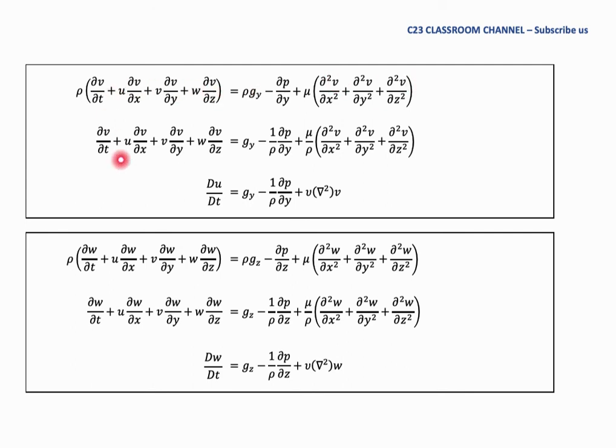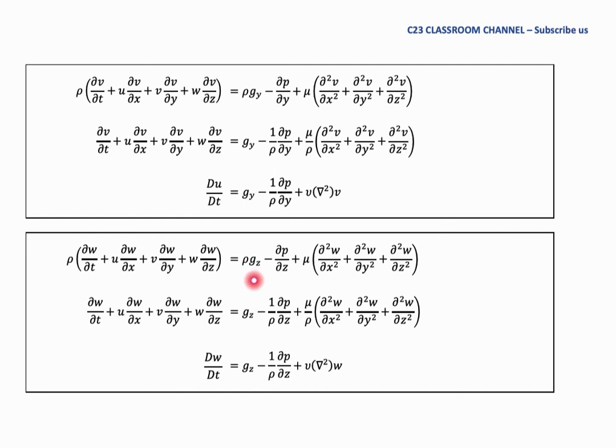Everything here uses v, and the gravity here is gy, meaning the gravity in the y direction. And this is the Navier-Stokes equation for z direction. Everything remains the same except the velocity components. Now we are calculating w, the velocity component for the z axis, and the gravity must be written as gz because we are focusing on gravity that acts in the z direction.